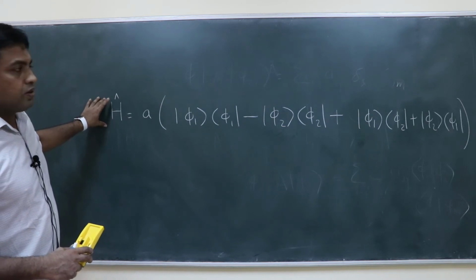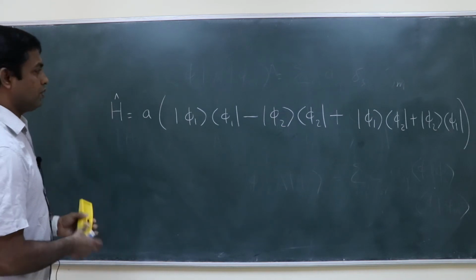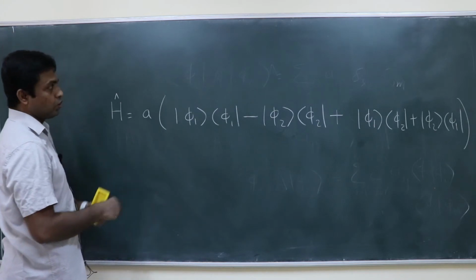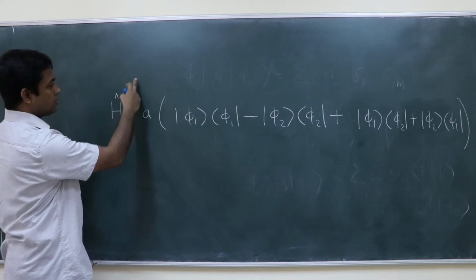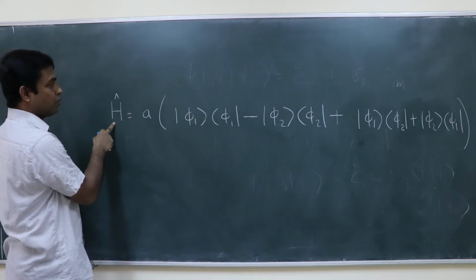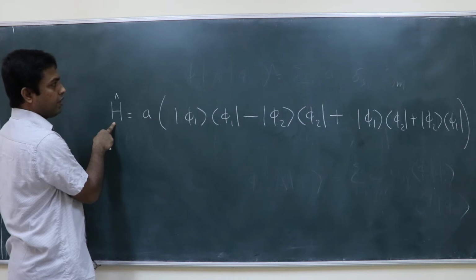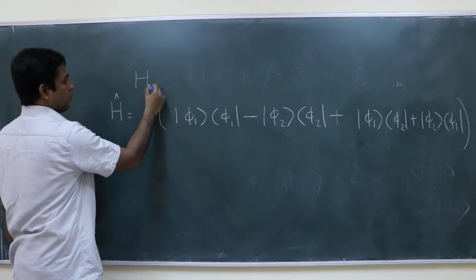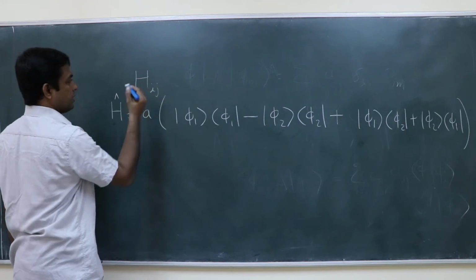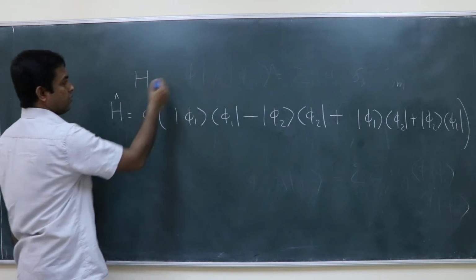Okay. So all of you quickly write down the corresponding matrix elements. You know how to get matrix elements, right? Call the matrix corresponding to this operator H, with matrix elements Hij. So Hij will be equal to what?